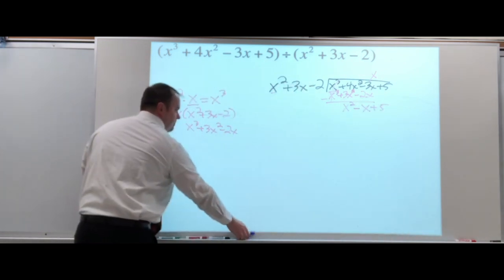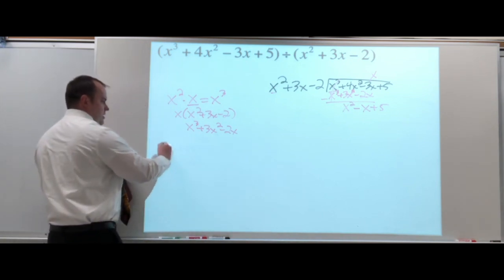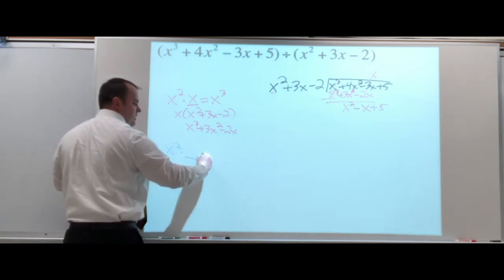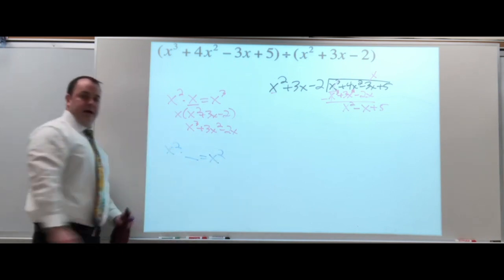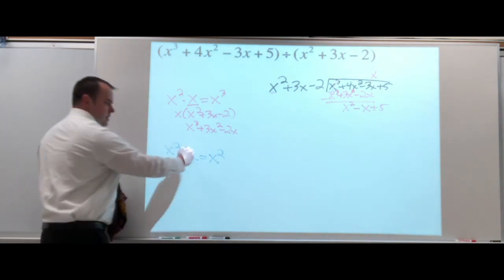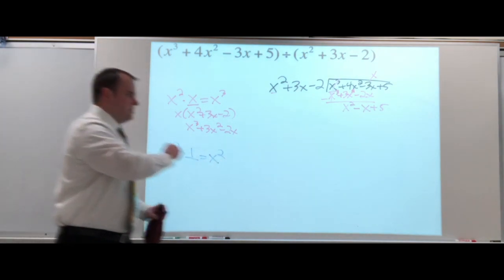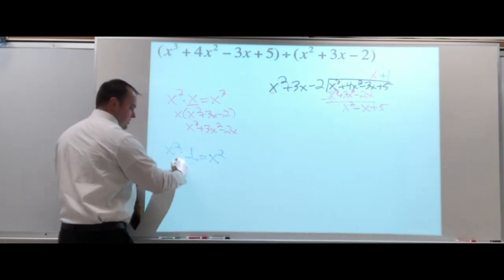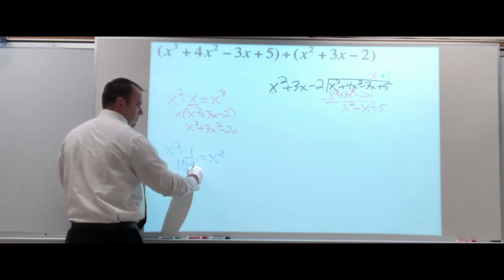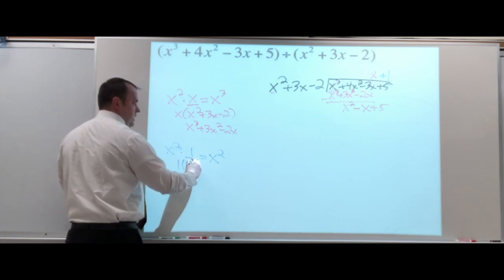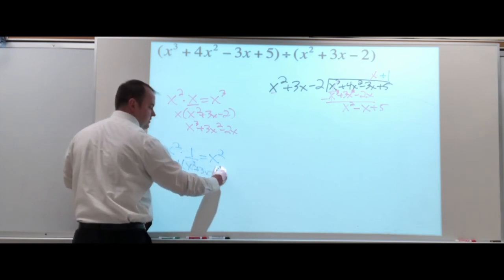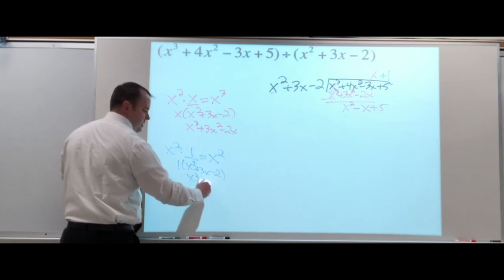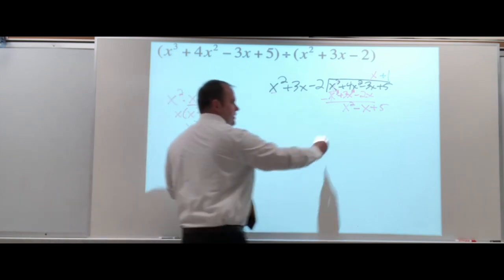Okay, I'm going to do my setup again. X squared times what gives me x squared? It's just going to be a 1. So my 1 is going to go above the constant. So I have x plus 1 up top. Distributive property, I'm hoping we can get through this one pretty easily. You're multiplying just by 1. X squared plus 3x minus 2.